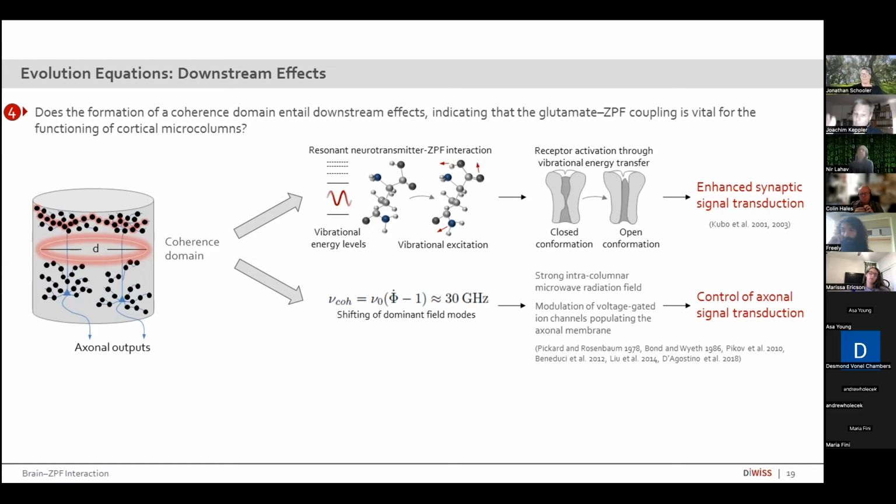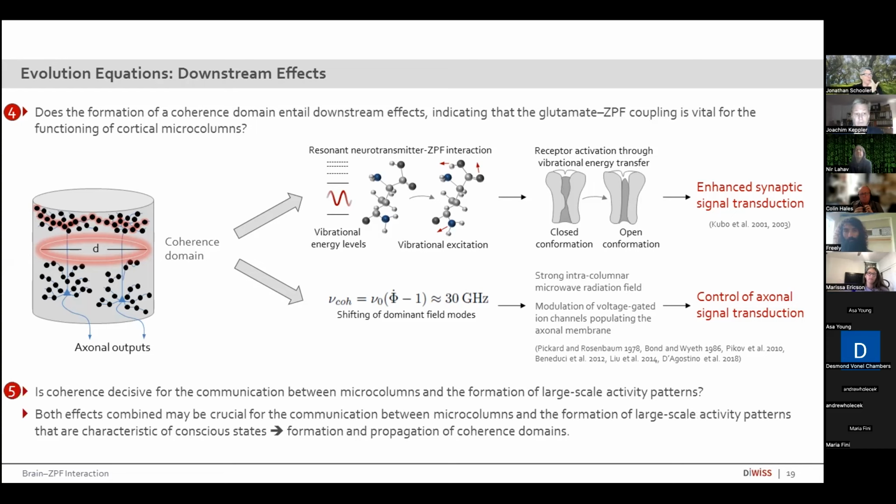And this is obviously a potential way how the microcolumn controls axonal signal transduction. This is a second downstream effect. So the coherence domain has the effect of enhanced synaptic transduction and a control over axonal signal transduction.